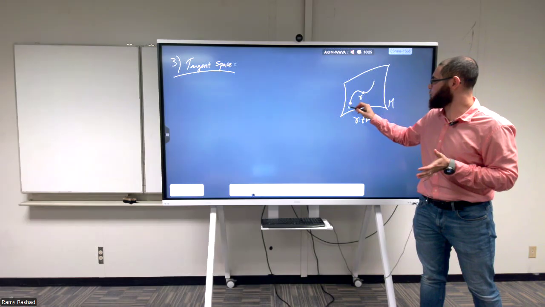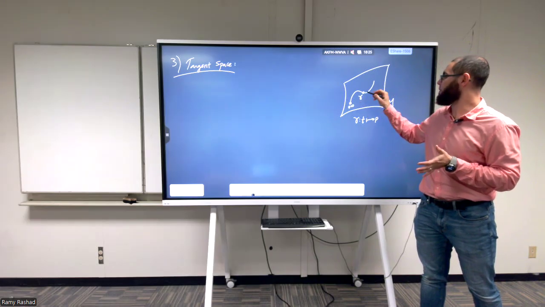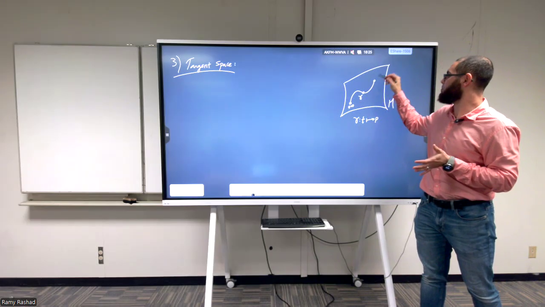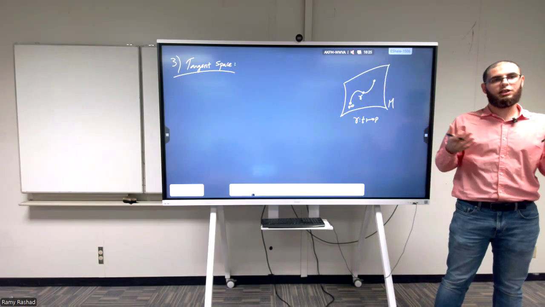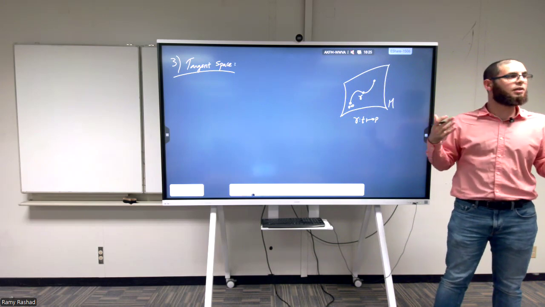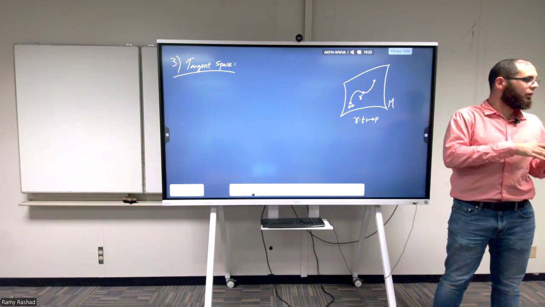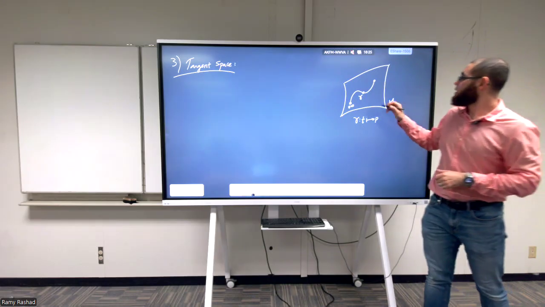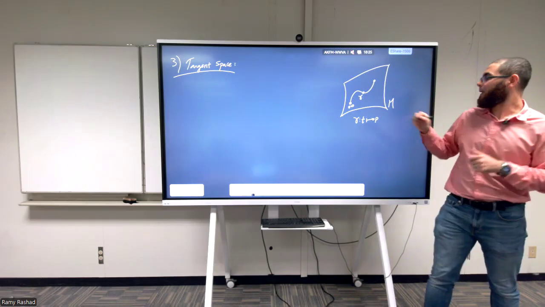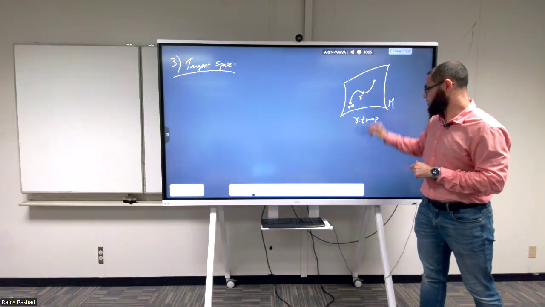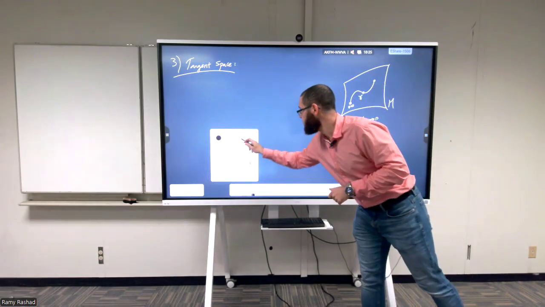If at time t equal to 0 I'm at this point, then at time t I'm at this point, and at time t plus 1 at that point, and so on. So there's some sort of change with respect to the parameter, and it's natural to think of what happens when we differentiate with respect to this parameter. The differentiation with respect to this parameter leads us to the notion of tangent spaces.